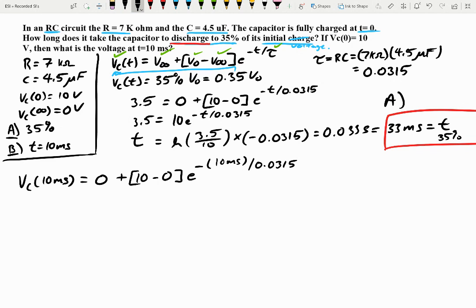So in reality, this should be 10e to the negative 0.01 divided by 0.0315.